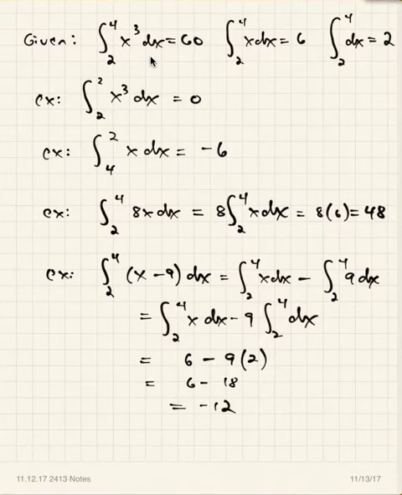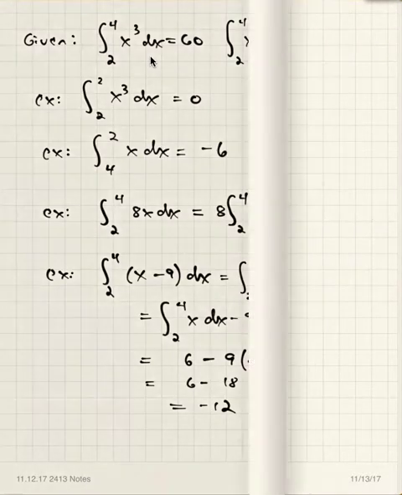All right, so we went through and saw how these properties are actually being applied when we're evaluating a definite integral. Now this group of problems involved some specific functions. So let's look at some where the functions are not specific. Let's look at the integral from 2 to 5.